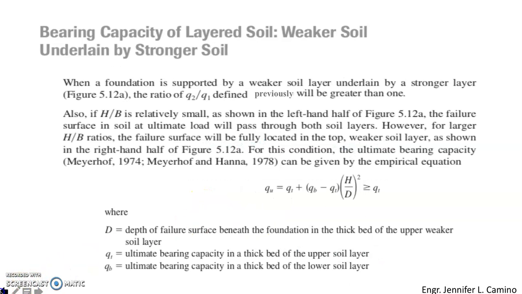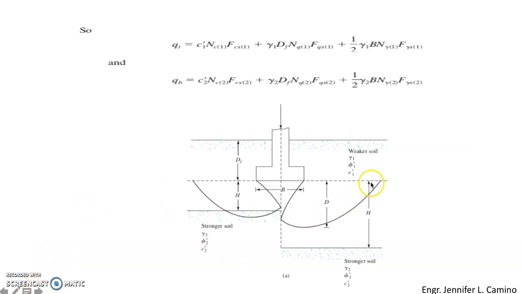However, if the ratio of H over B is relatively high, the failure surface will be fully located on the weaker soil only, on the top soil.